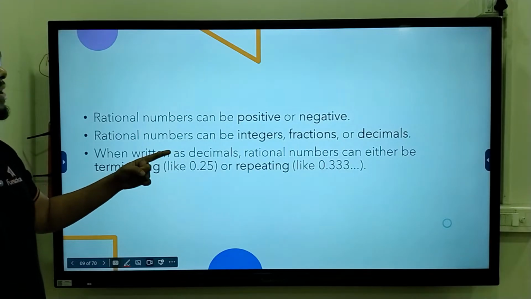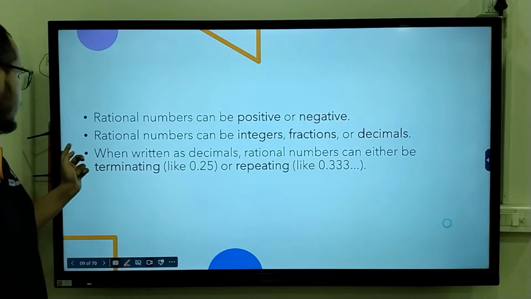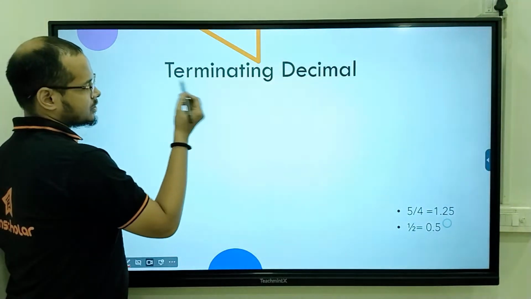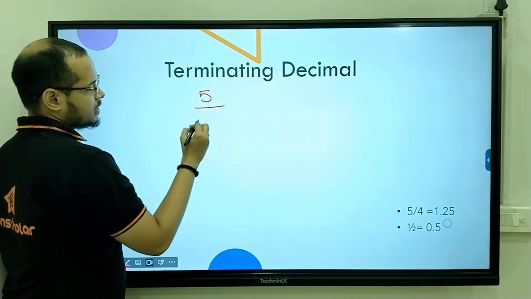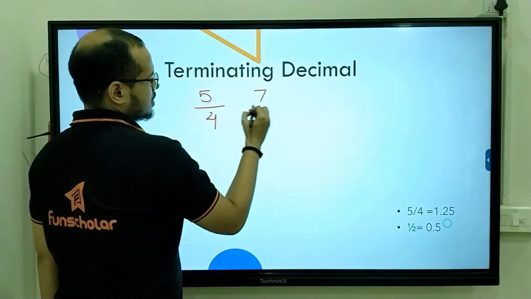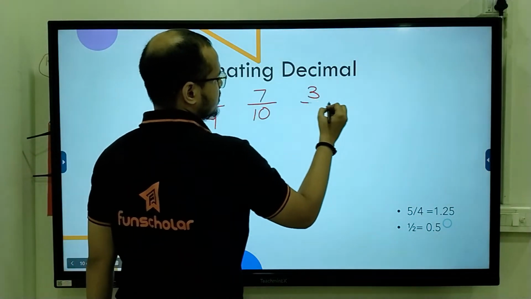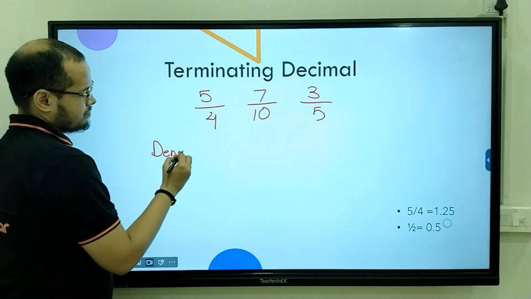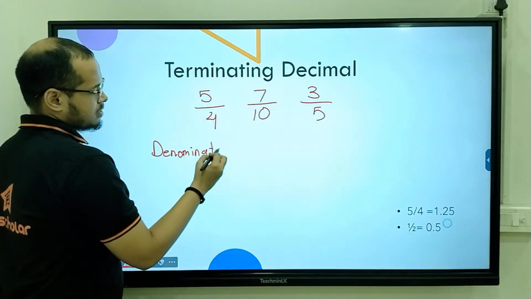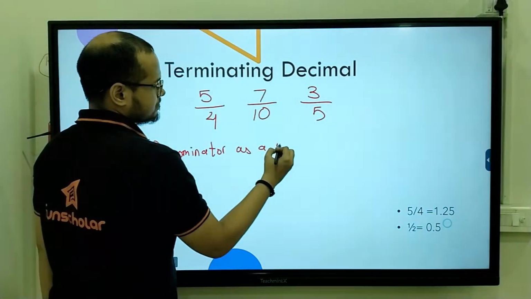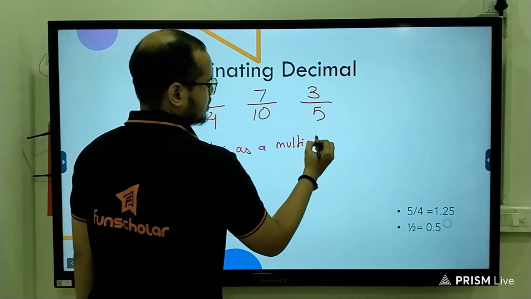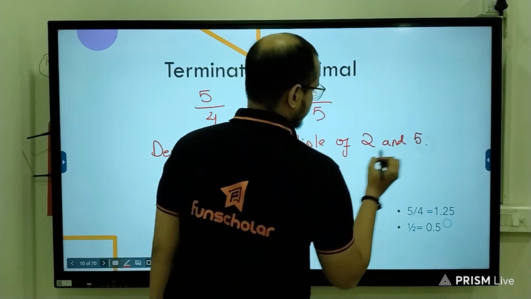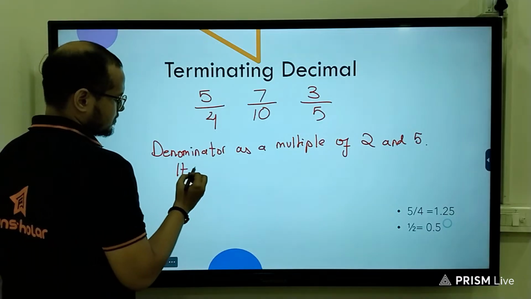When writing as decimals, rational numbers can be either terminating or repeating. Let us understand what these are. Okay, terminating decimal. If we have a rational number where the denominator is something like 5 by 4, 7 by 10, 3 by 5, when the denominator is a multiple of 2 and 5, it will be terminating.